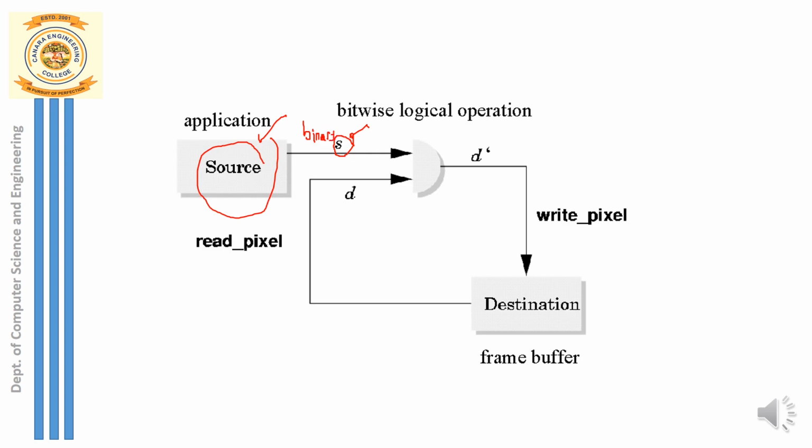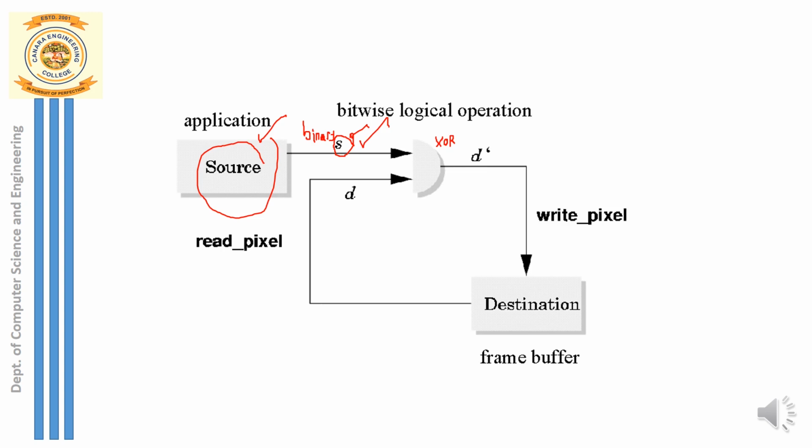Now that bit is taken as an input, and I'm going to use an opcode, and this opcode here is XOR. For performing XOR you require two bits, right? The first bit is taken directly from the source, from the program, whatever you have passed. And one more bit it is going to take from the frame buffer.